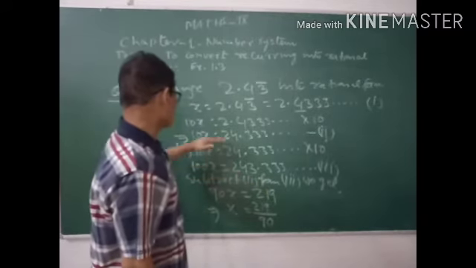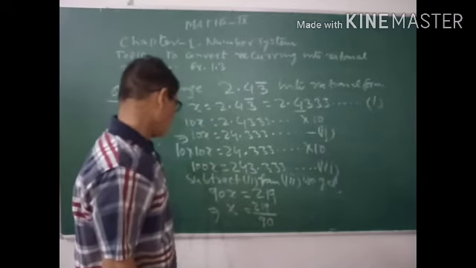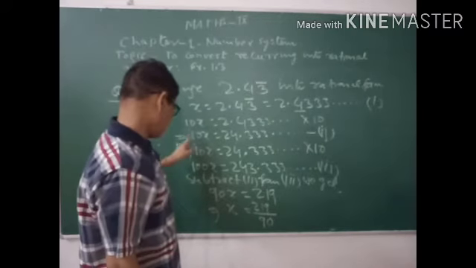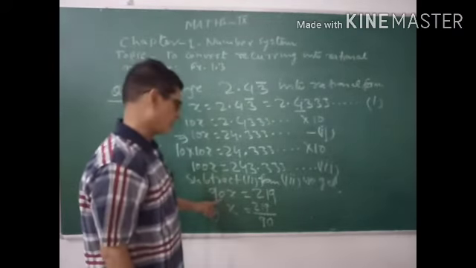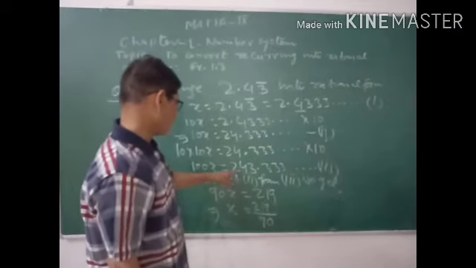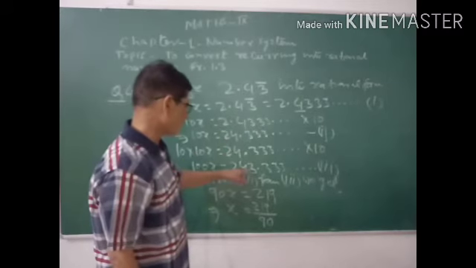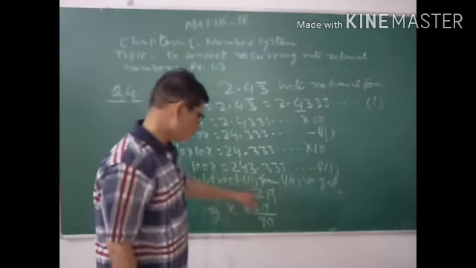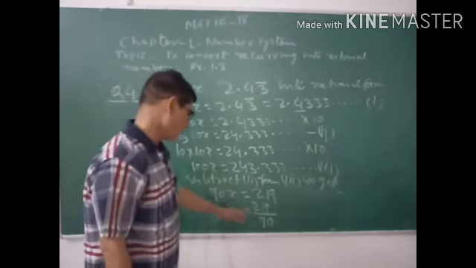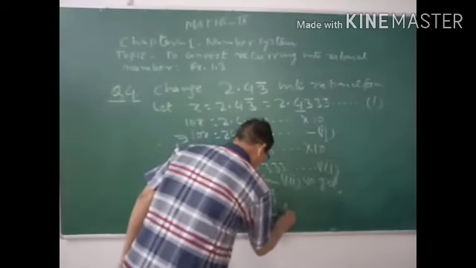What shall we get? 100 minus 10 will give you 90x. And what will happen if you subtract 24 from 243? You will get 219. And this is how x equal to 219 by 90. This will be your answer.